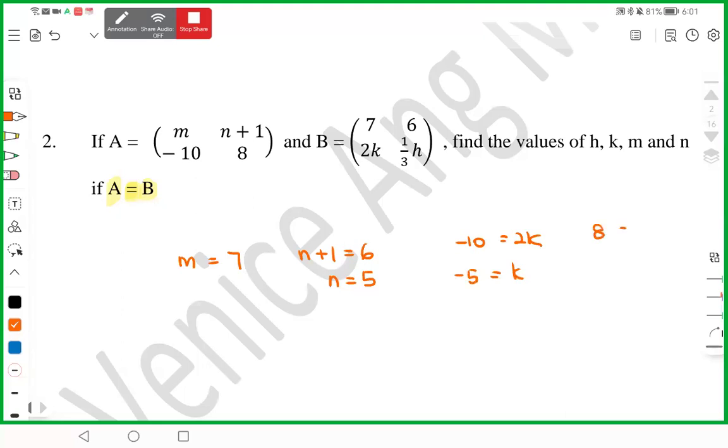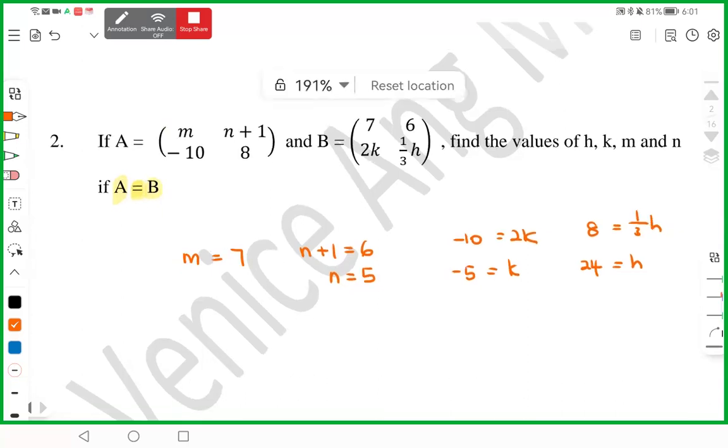Last one, 8 equals 1 over 3h, so h equals 24. Done. Very simple, no need for tuition already. Equal means exactly the same, so we can find out the constants and the variables.